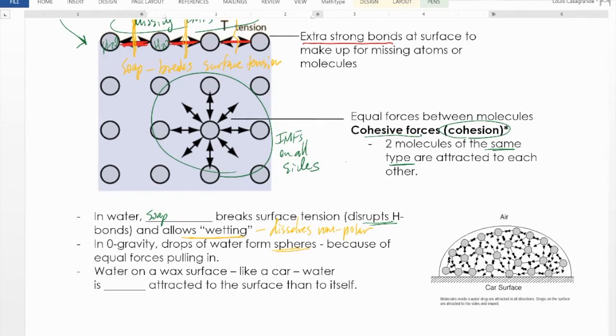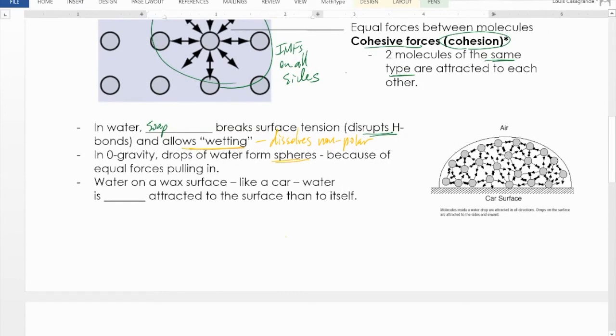They form spheres because of what's going on in this space station when you're in zero gravity. Now I'm not talking about in the vacuum, but when you're in zero gravity, if you have this water, the surface tension is pulling in equally. And because it pulls in equally, it forms this sphere.